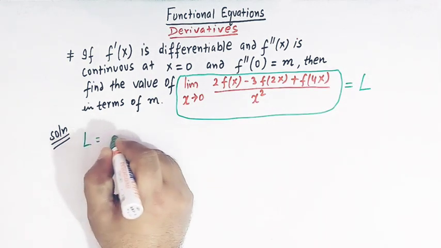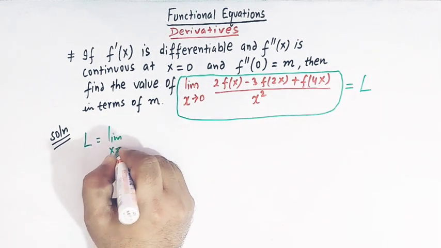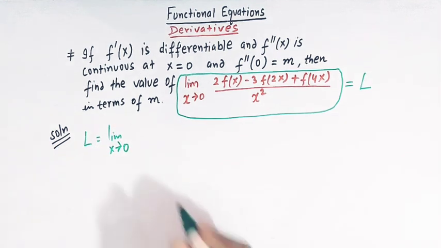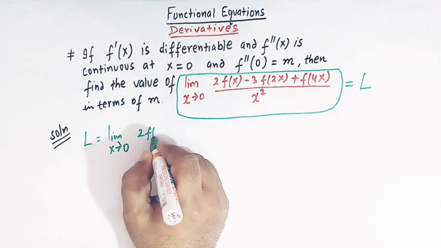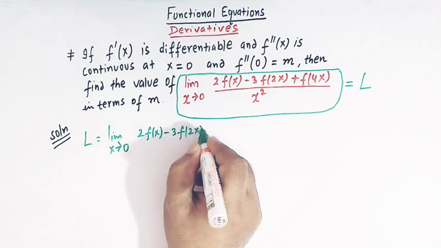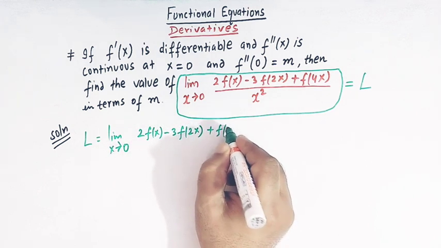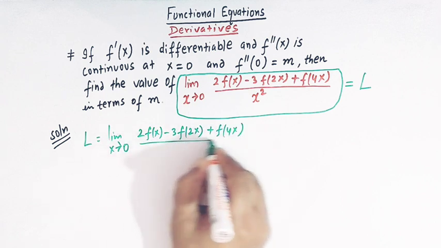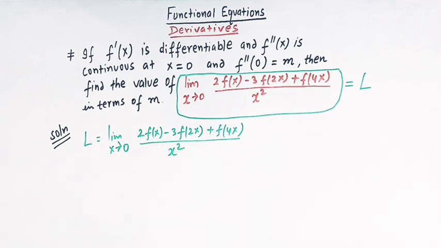So L is the limit as x tends to 0 of 2 times f of x minus 3 times f of 2x plus f of 4x, divided by x square. Now here comes the role of L'Hopital's rule.